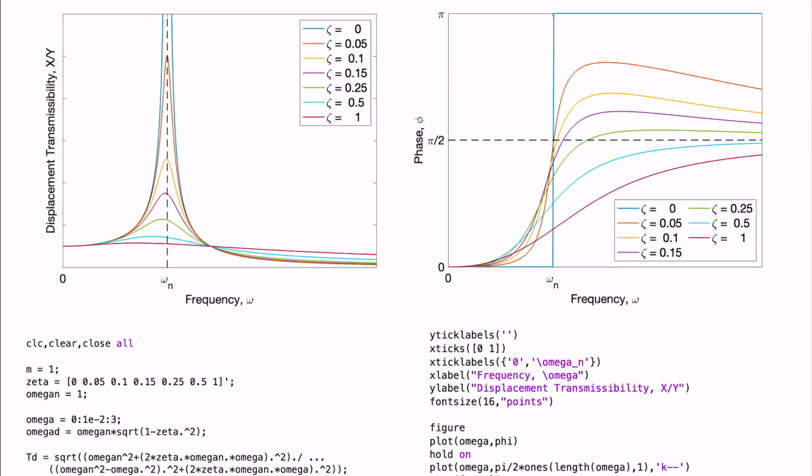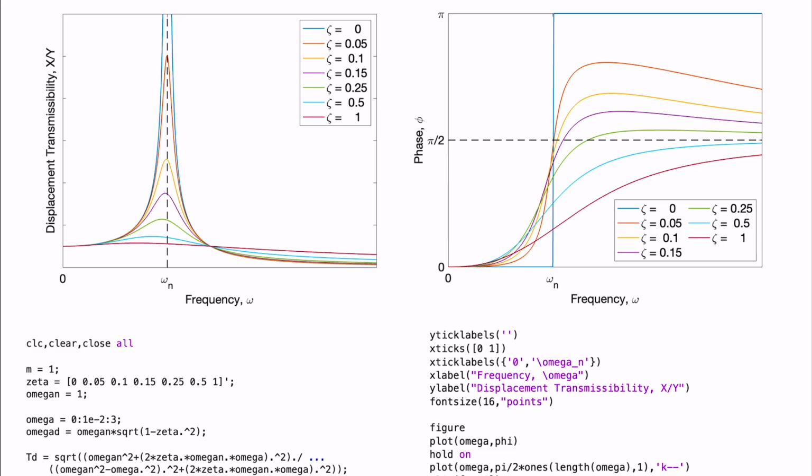Okay, so I've plotted here the displacement transmissibility, which tells us how much displacement will be transmitted from the base itself. And we can see that again, we get a very large transmission near the natural frequency of the system. The phase is also equal to pi over 2 at, well, that's not true actually.